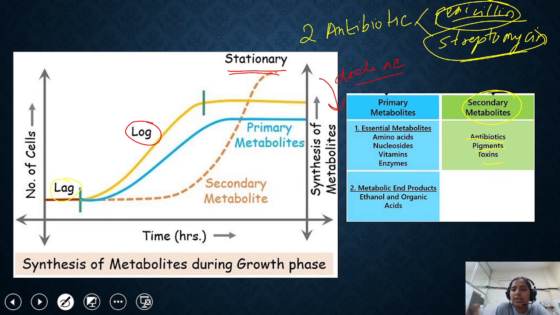Secondary metabolites are the compounds which usually form when the full growth of that microorganism has occurred, usually in the stationary phase.